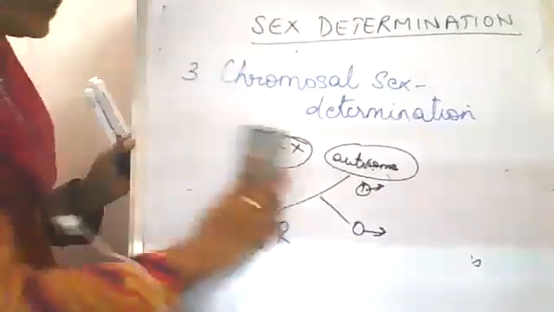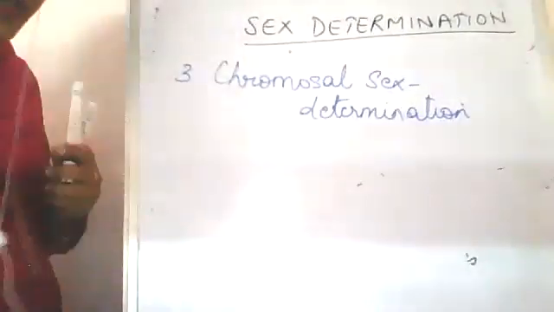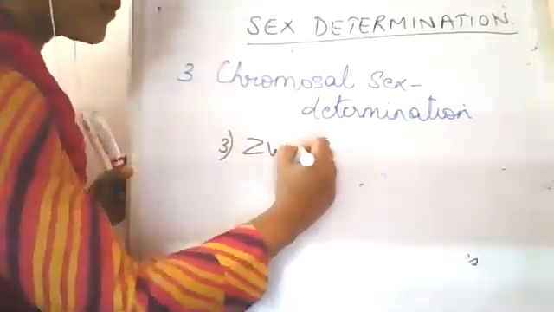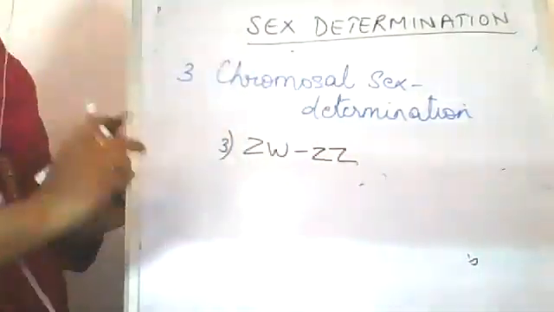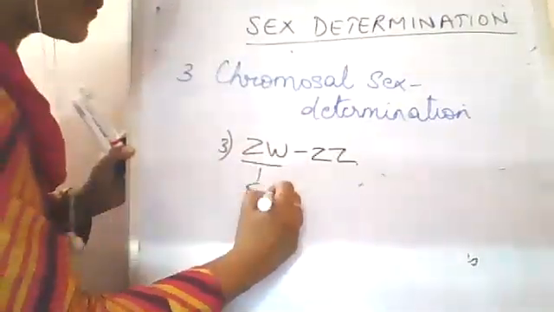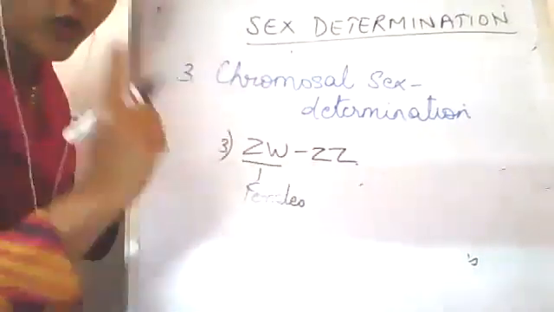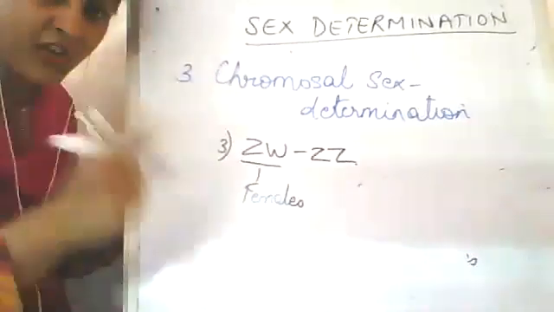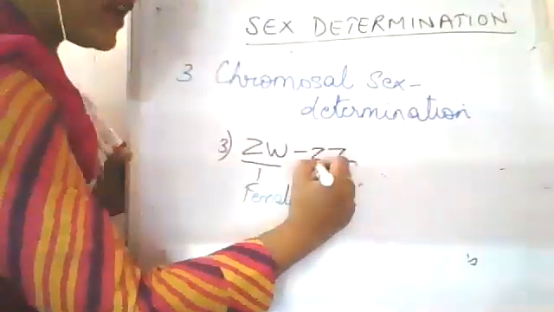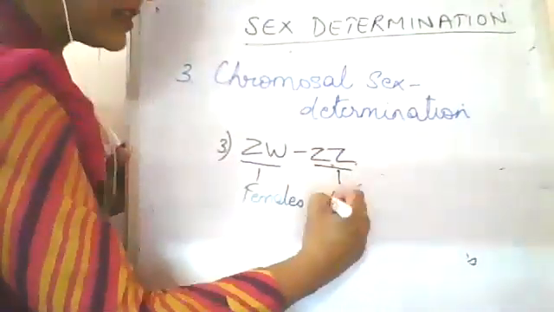So let us see the third type, that is ZW-ZZ type. In this, ZW are females. So will females be called homogametic or heterogametic? They will be called heterogametic, and the males will be homogametic.